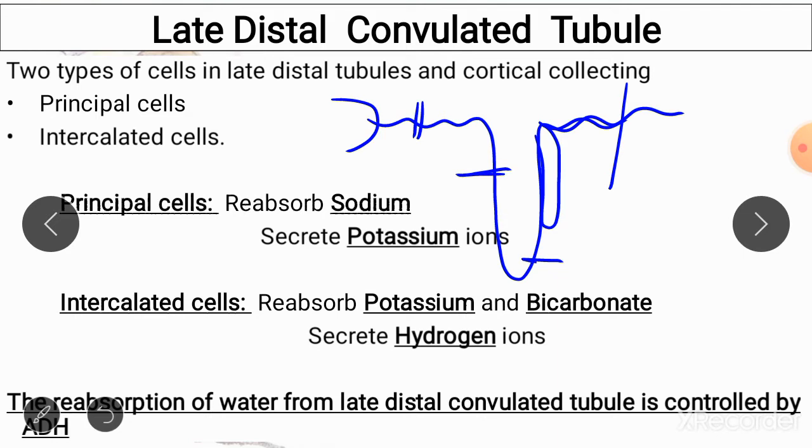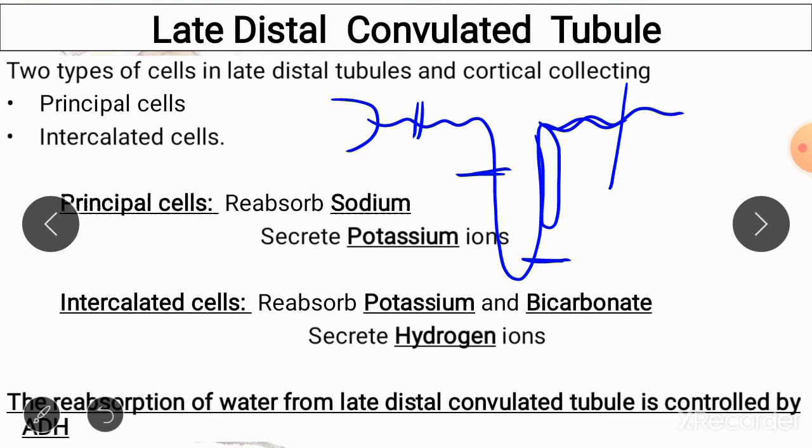Your ascending thin limb, ascending thick limb, and early distal convoluted tubule were impermeable to water no matter what. But your late distal convoluted tubule along with collecting ducts are impermeable to water but may become highly permeable to water in the presence of ADH. So you must remember this.